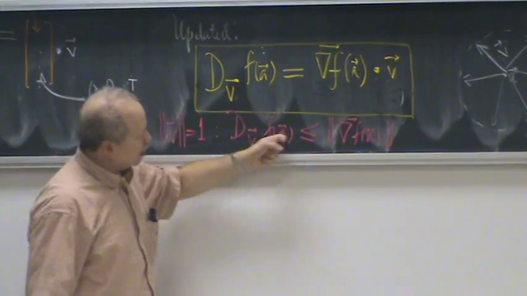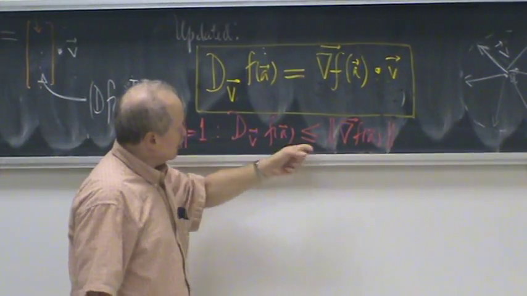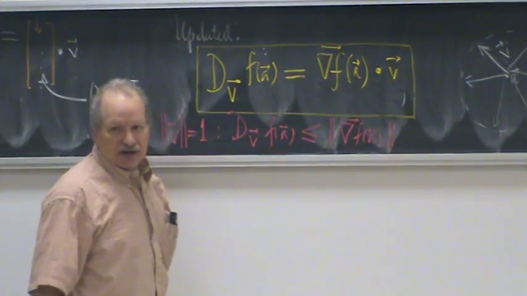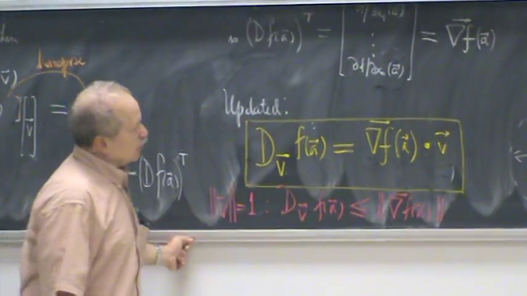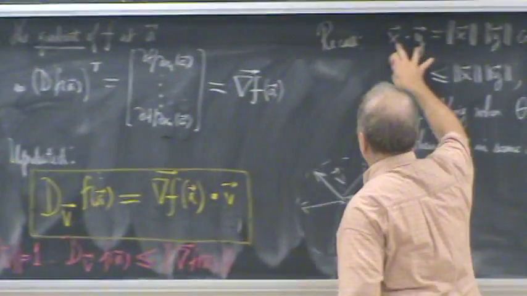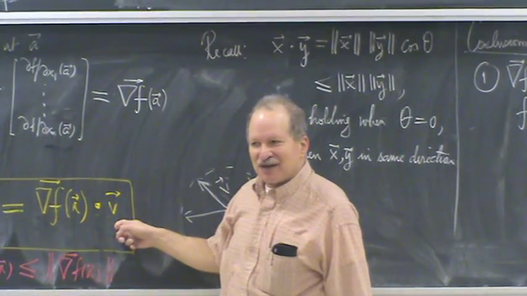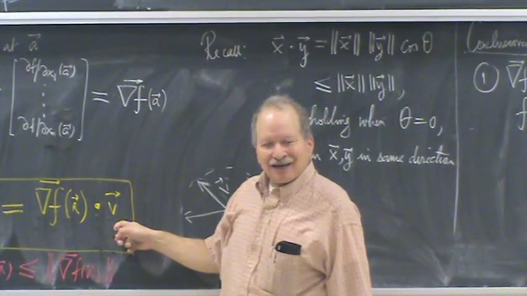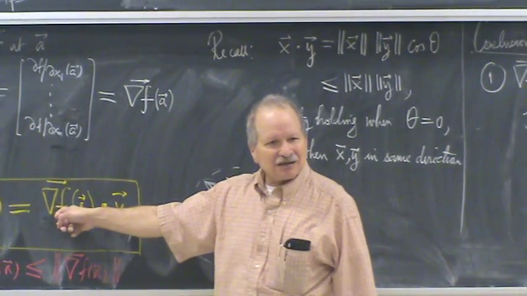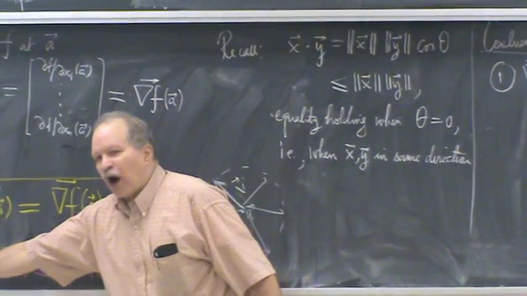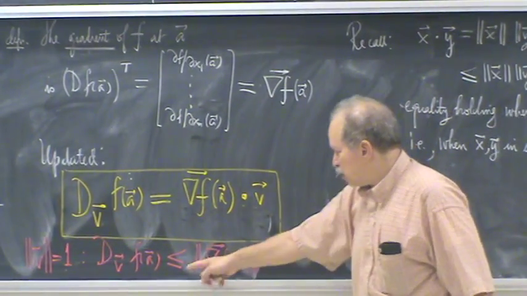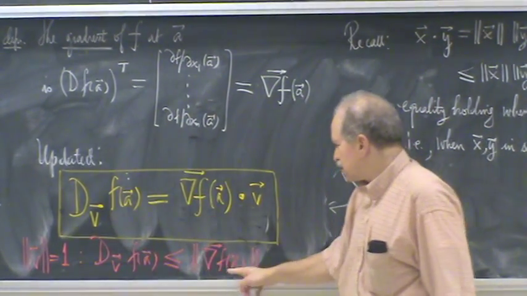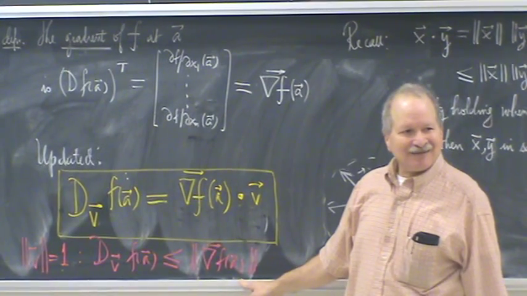And I get equality when the gradient and V are in the same direction. Do you all see why I get magnitude gradient there? Well, sure you do, because the dot product of gradient with V is magnitude gradient, magnitude V, which is 1, times the cosine of the angle between them. So the biggest I can get for this directional derivative is the magnitude of the gradient.